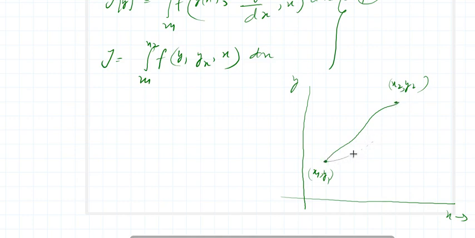It may go like this, or it may follow any other path. Let me call it path 2, and let me call this path 1. And there is a change in the value of y when we compare these two paths, and this delta y is the change. So that means there are various paths to reach from y1 to y2.